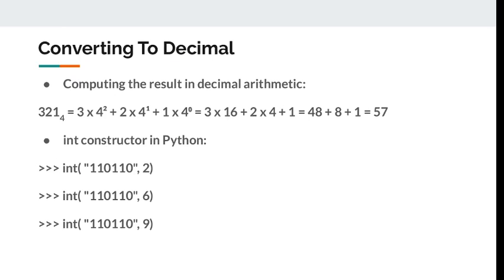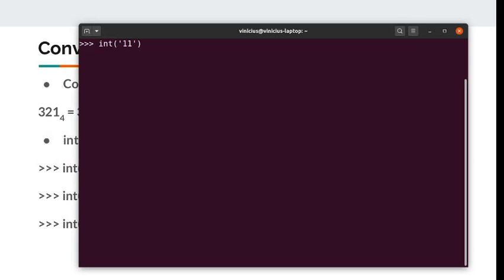So if you have, let's say, the example here, 110110, in base 2, this is 54. If you want base 6, it's possible. So it's 9,000-something, and base 9, for example, is 65,000, and that's it. So it's the integer constructor in Python that you can use to convert any base to decimal.